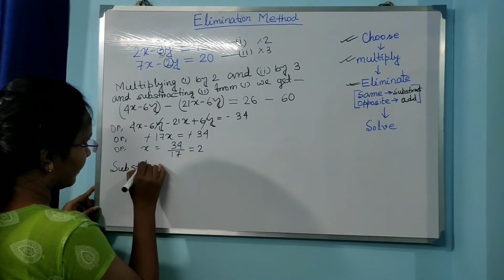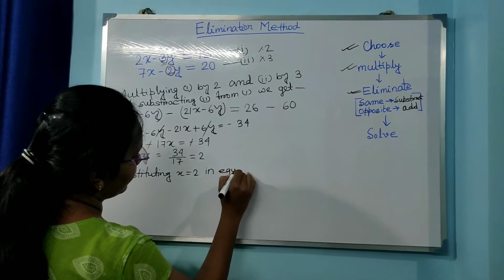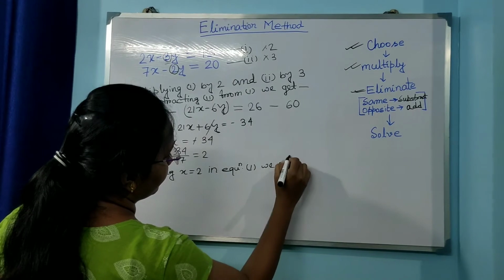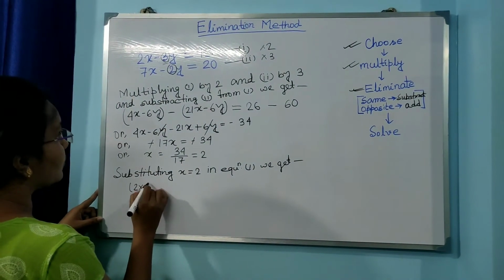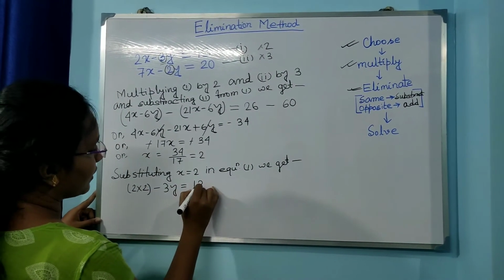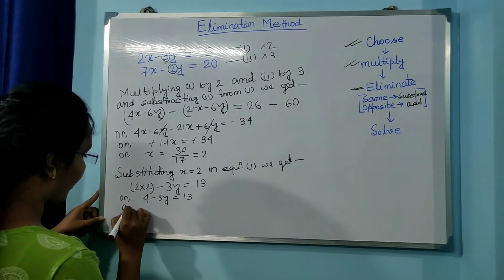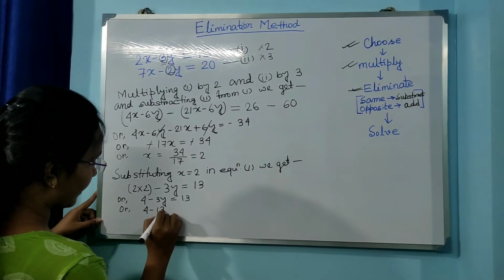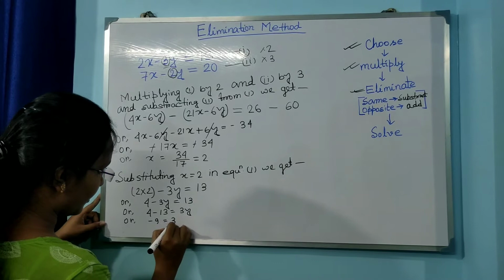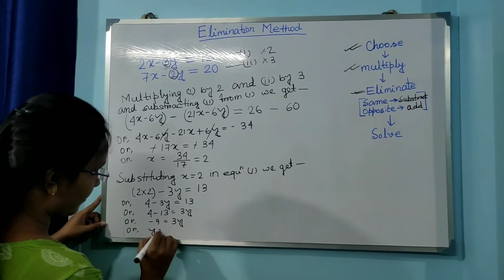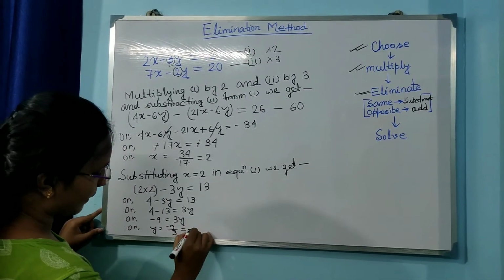So substituting x equals 2 in equation 1, we get 2 into 2 minus 3y equals 13, which gives 4 minus 3y equals 13, or 4 minus 13 equals 3y, or minus 9 equals 3y, which gives y equals minus 9 upon 3, which is minus 3.